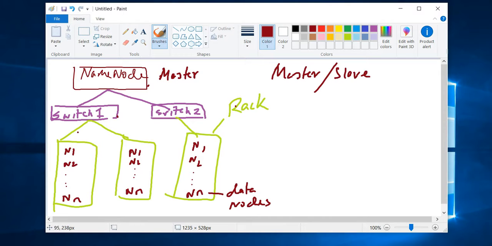Now you can see that over here, if something happens, let's say this switch is broken or this line is broken, so the whole number of data nodes from n1 to nn are missing, right? Like we are not going to be able to use that. So in order to mitigate that issue, we are going to have another thing that is called the replication.